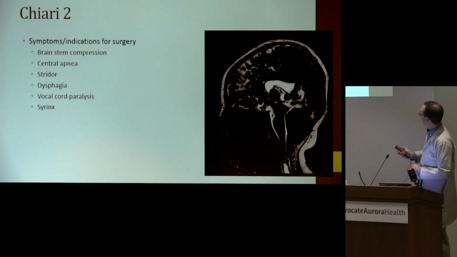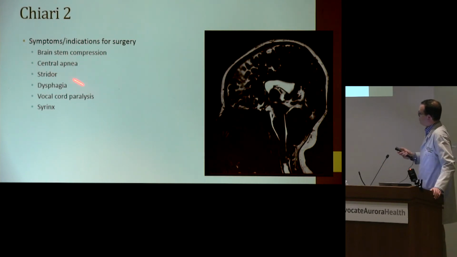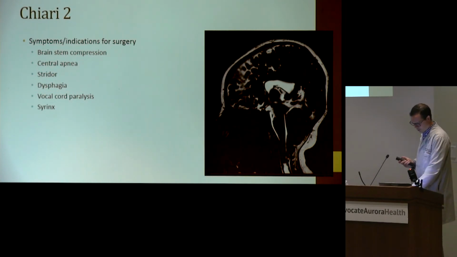This is a picture of it. So you can see, sort of similar to the Chiari 1.5, you have this really downwardly shifted brainstem, downwardly shifted fourth ventricle. Okay, and compressions all come from the brainstem. So it's apnea, breathing problems, swallowing problems, vocal cord problems, syrinx.